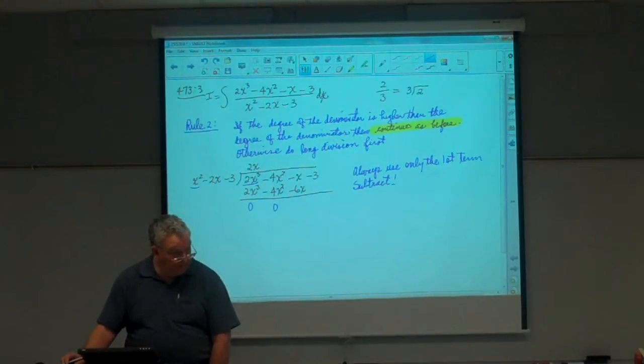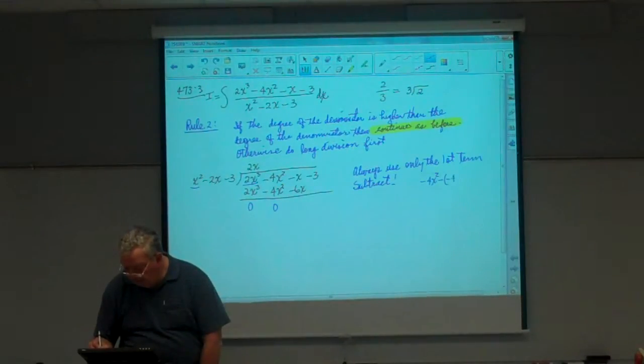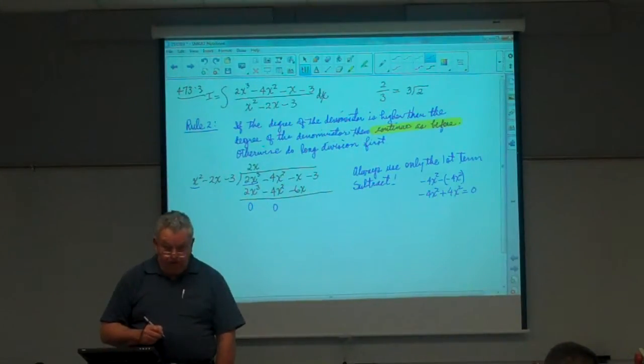Everybody agree? So it's minus 4x squared plus 4x squared, which is equal to 0. That's where the 0 came from.